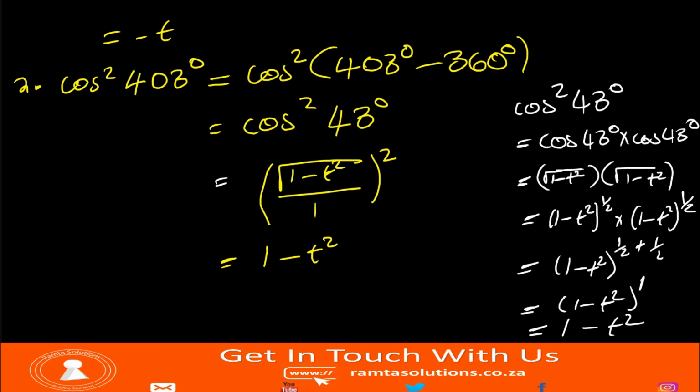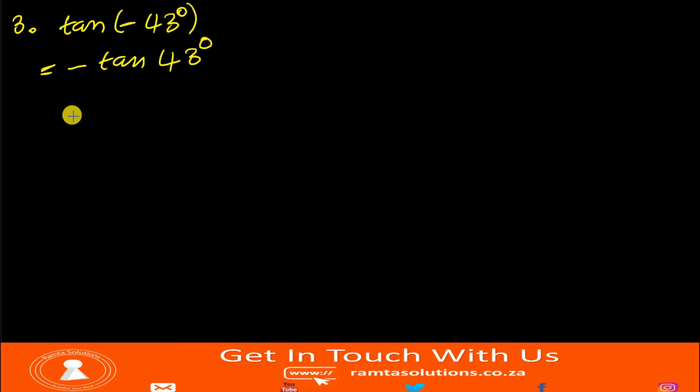Let's then head to number 3. Number 3 said we are looking at tan negative 43 degrees. I said when you see a negative angle for tangent and sine, you will say it's negative tan 43.